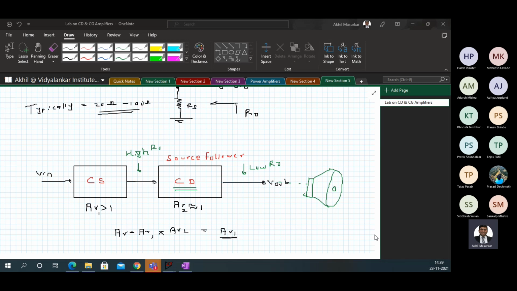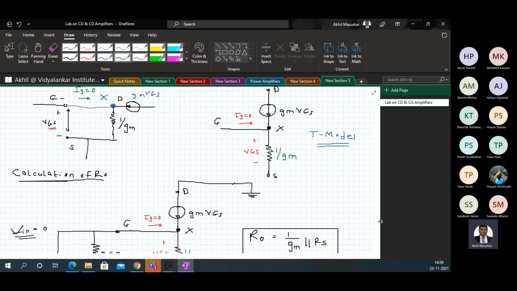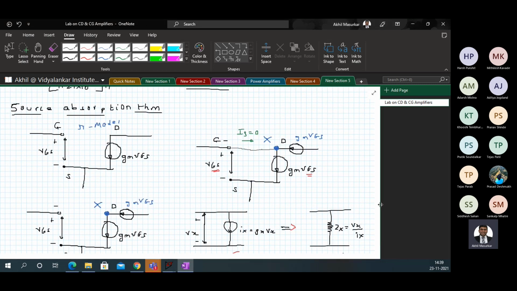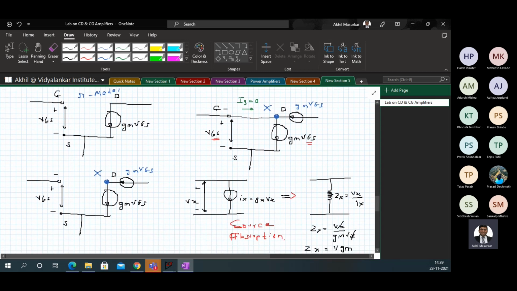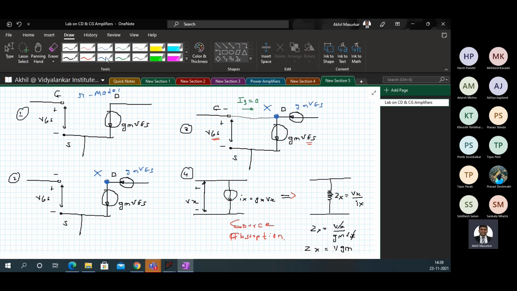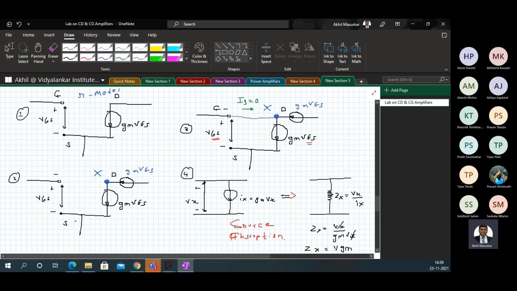So I'll just go at the top. First, you write this source absorption. First, you write these steps. So this is step number 1, this is 2, this is 3, and this is 4. Here this step is like inserting a node.